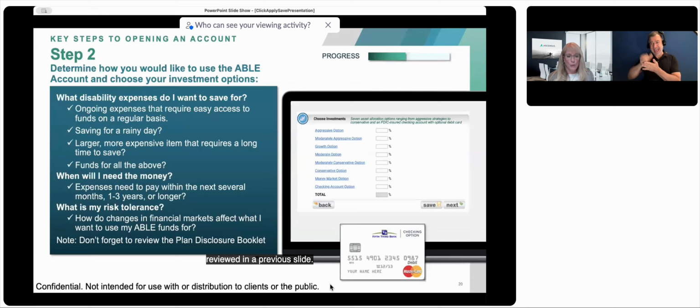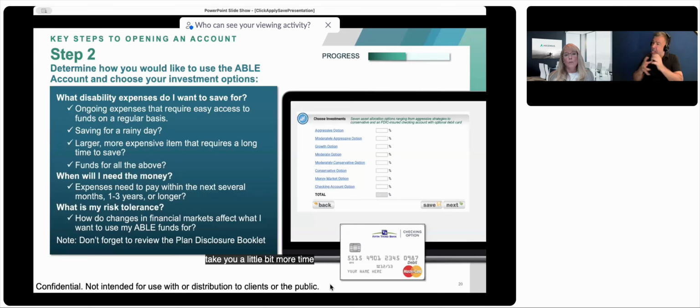So step number 2 is really determining how you would like to use the ABLE account and choose your investment option. So there's a few things that you really need to think about, right? So number 1, what disability expenses do you want to save for? So are they ongoing, and maybe you need easy access to those funds? Is it saving for a rainy day? Is it something larger that's going to take you a little bit more time to save up? Or it may be all the above.